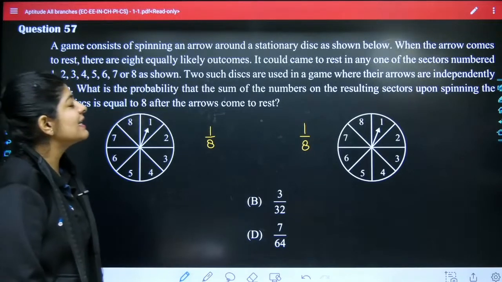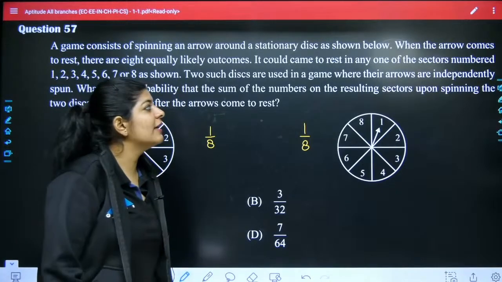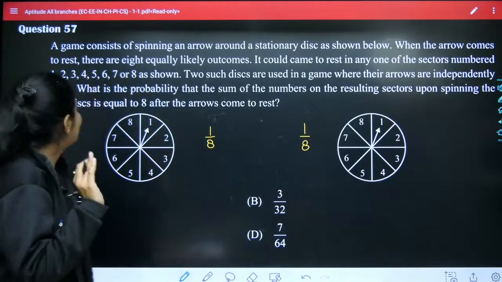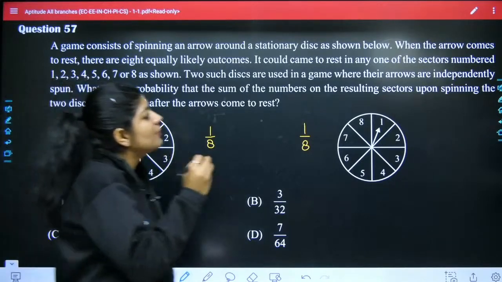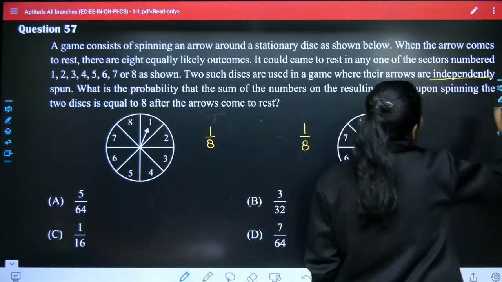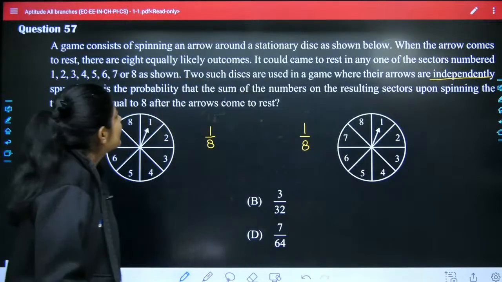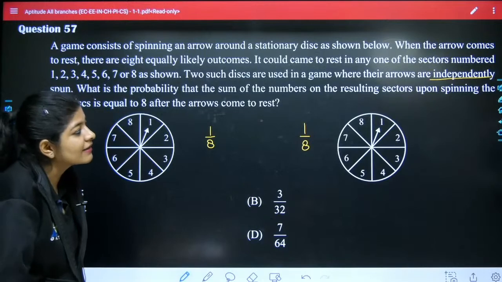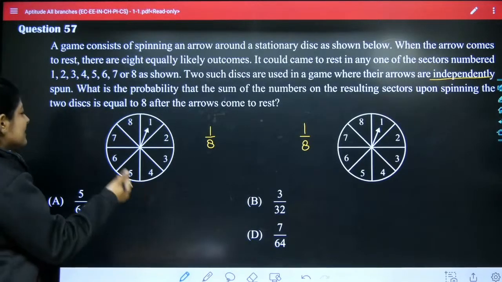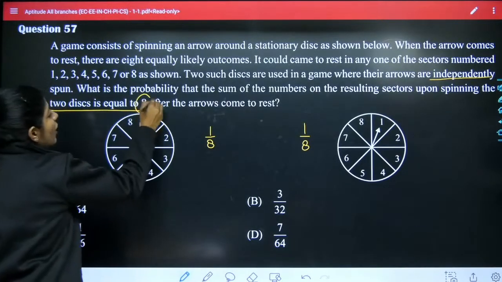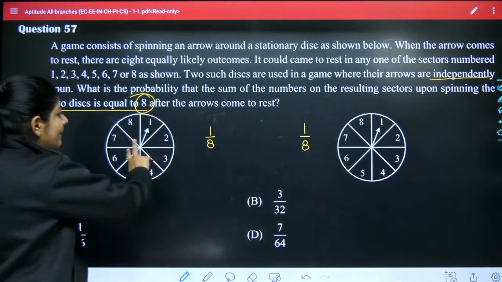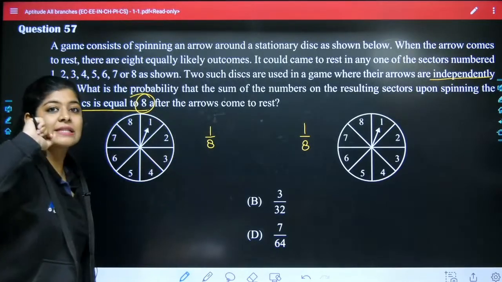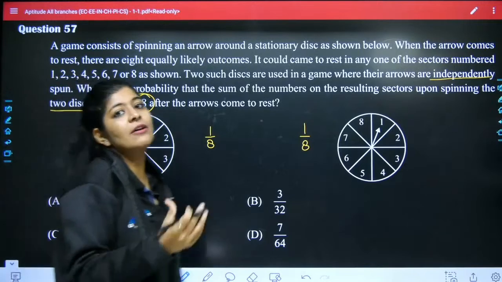Two such discs are used in a game where their arrows are independently spun. That means the events are independent. What is the probability that the sum of the numbers on the resting sectors upon spinning the 2 discs is equal to 8? Now we need the sum from both discs.